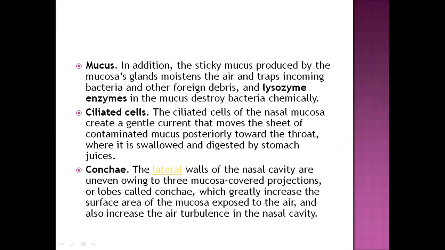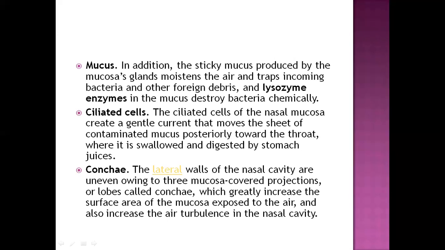We have mucus. These sticky mucus are produced by the glands, which trap the incoming bacteria, debris, and also moisten the air. We have cilia or ciliated cells that help in movement of the air as it goes inside.